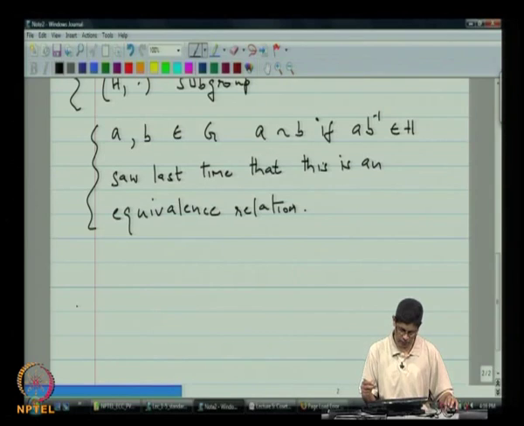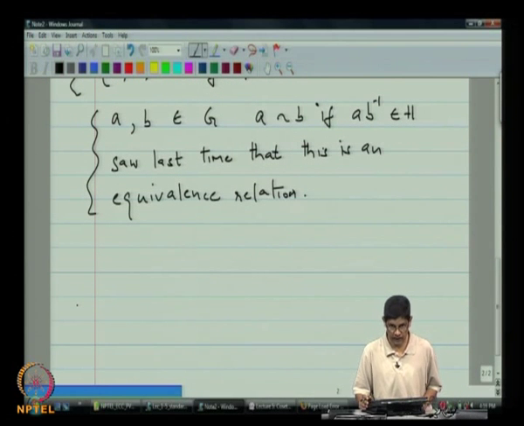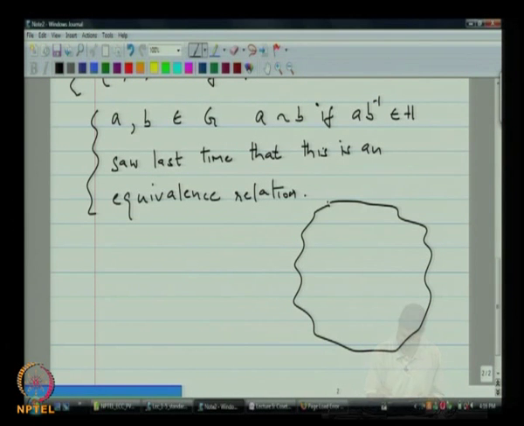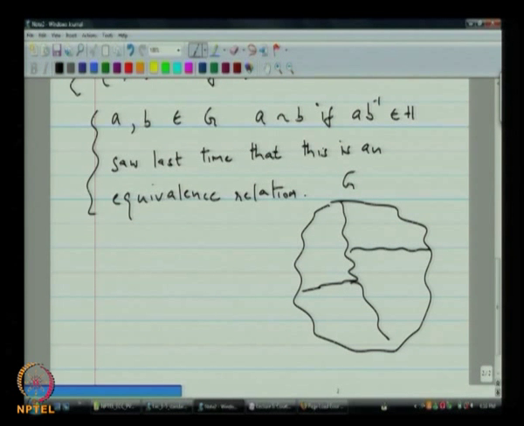So let's try to get a slightly better feel for what the equivalence classes are. We do know from the fact that it's an equivalence relation that the following picture holds, that you have G and you have some equivalence classes. So the question is, what exactly are these equivalence classes? For that, we're going to write down this expression, AB inverse is in H, in a slightly different fashion.